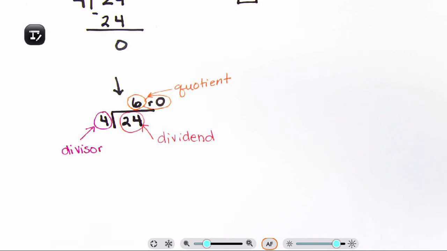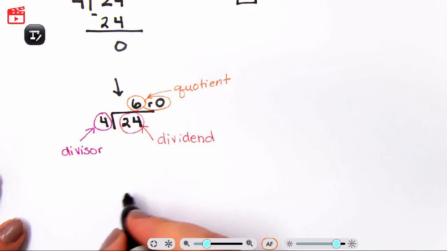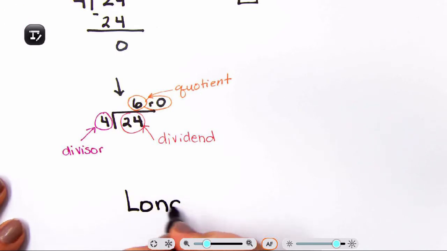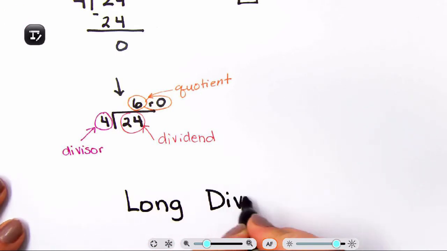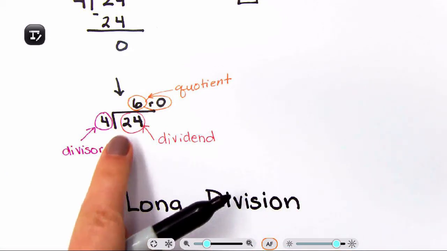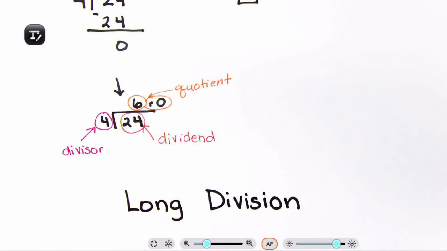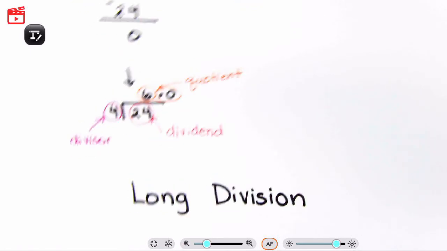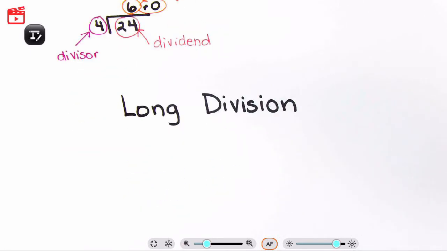Okay, so let's start with long division. Now, what are we dividing? We are dividing polynomials. So it's going to look something like this. Let's say we have 2 polynomials that we want to divide.